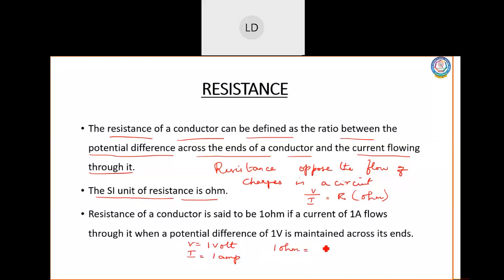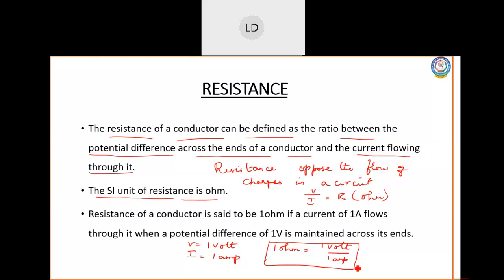So 1 ohm is equal to 1 volt by 1 ampere. The resistance of a conductor is said to be 1 ohm if a current of 1 ampere flows through it when a potential difference of 1 volt is maintained across its ends.